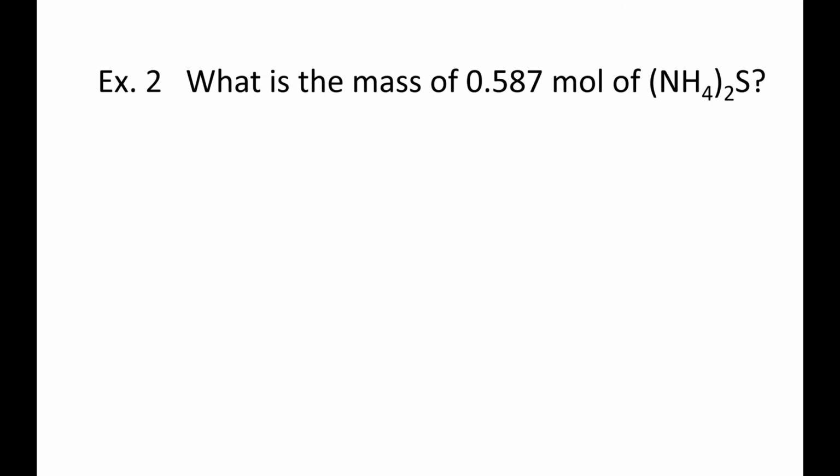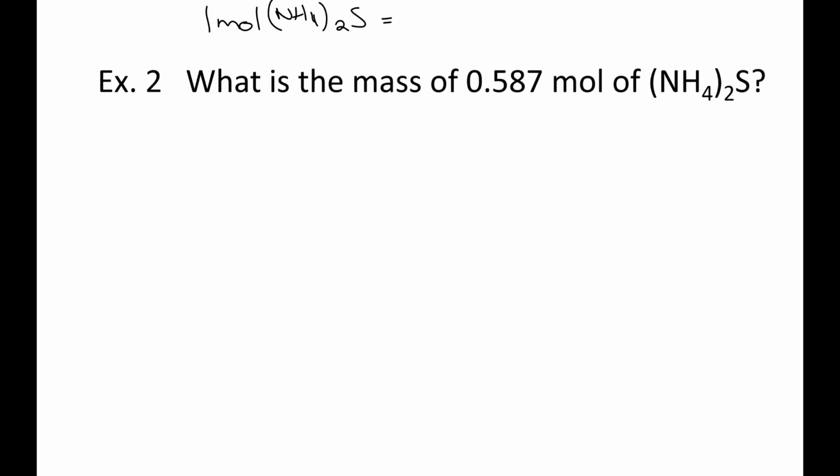Okay, next, what is the mass of 0.587 moles of ammonium sulfide? Okay, so we still need to calculate. The first thing we need to do is calculate the mass of NH4 2S.